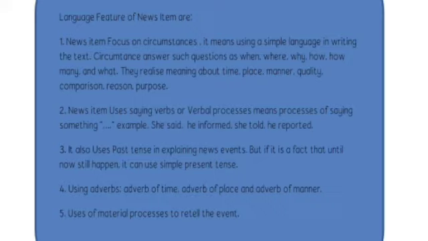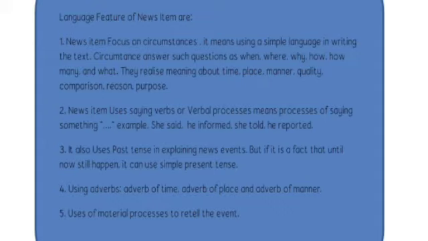In other words, they describe the manner, place, or time of an action. Here are some examples. He speaks quietly. Quietly is an adverb of manner. I live here. Here is an adverb of place. We will leave tomorrow. Tomorrow is an adverb of time.